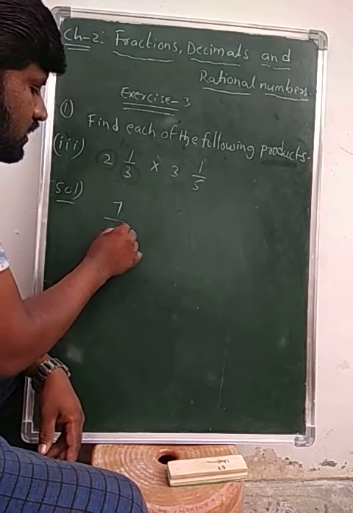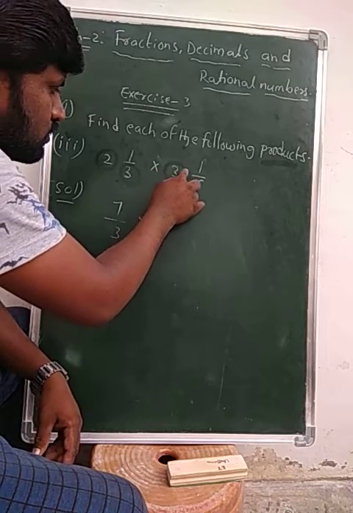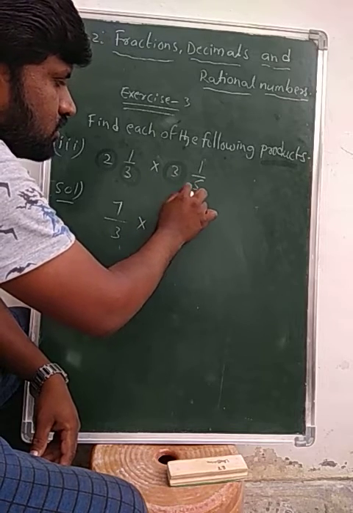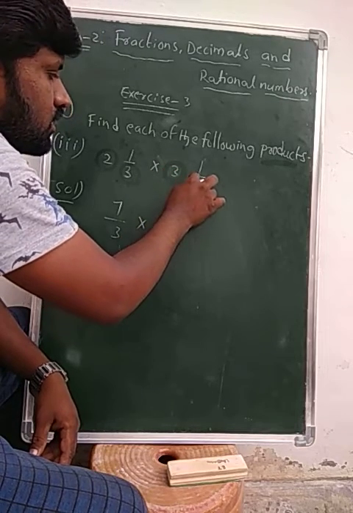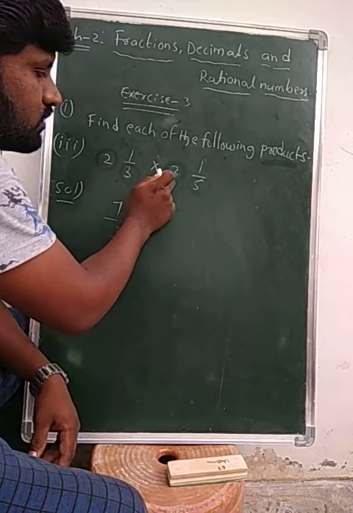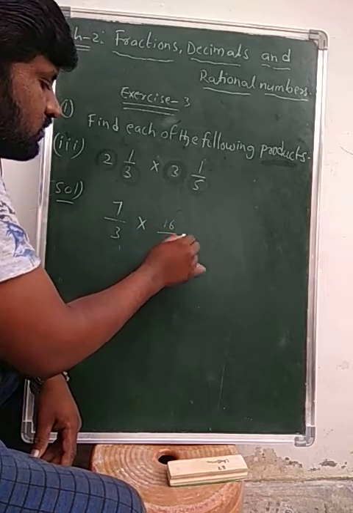By denominator is 3. Into, here also we need to multiply the whole number part with the denominator of the proper fraction. So that is 5 into 3, 15. 15 plus 1, that is 16, 16 by 5.